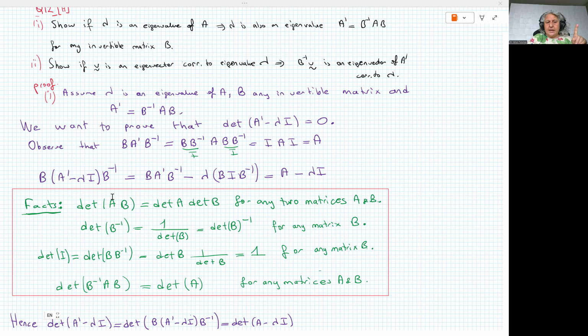If you apply the first, then you can separate all of those: determinant B inverse, determinant of A, determinant of B. But the determinants are real numbers, so you can change the order. When you take the determinant, it will be real. So then you will have determinant B and determinant B inverse on the left-hand side, and because of the third fact here, this will give us 1.